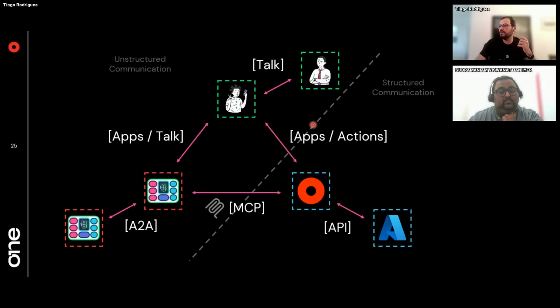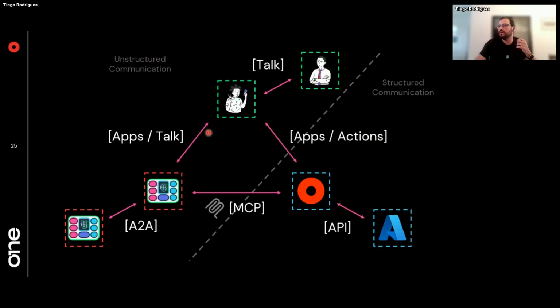So this means that the way humans talk with systems is through apps, in the form of actions to convert to structured things. But then we now have this cool guy, the AI agents, right? And the AI agents are in the unstructured communication area. So how do we normally talk with agents?